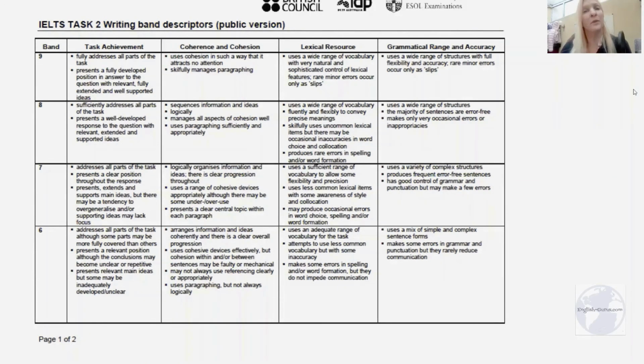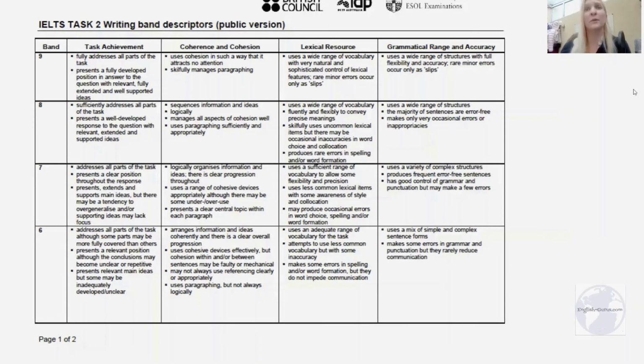So example, if you want to hit 6, in terms of task achievement, make sure that you answer all parts of the question. So do your best to answer the question fully and to give a clear idea in your essay. Try to remain coherent and cohesive by using your linkers.